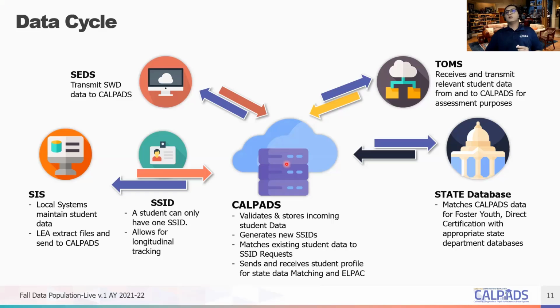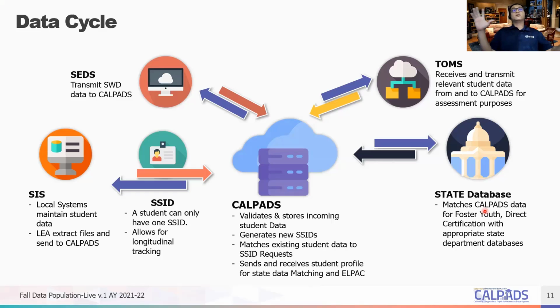Okay. So another thing for CALPADS is that CALPADS will also be used for state matching for foster youth. Meaning if you've posted your relevant records to CALPADS, every week CALPADS will send this information to the CDSS, and in turn CDSS will let you know if the student is foster or not.